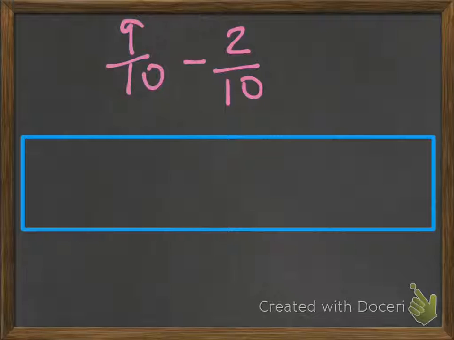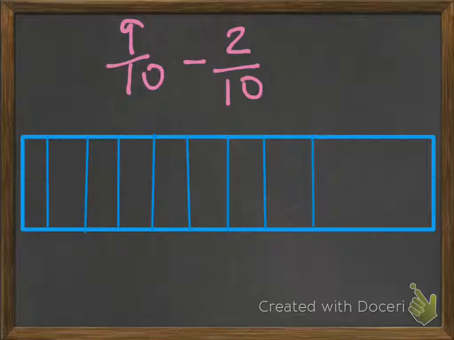Alright, how'd you do? Well, once again, let's go ahead and divide this into 10 places. 1, 2, 3, 4, 5, 6, 7, 8, 9, and 10. And again, I realize they're not exactly even, but you get the point.